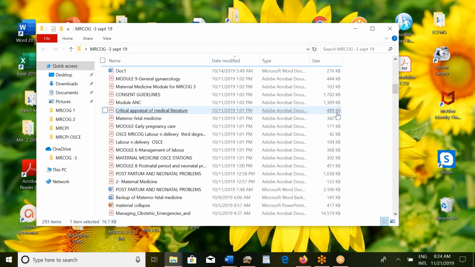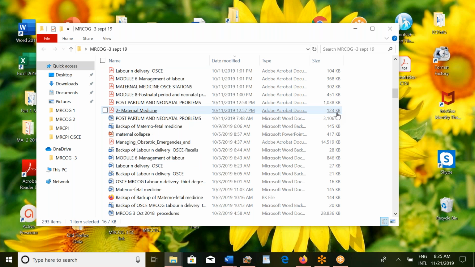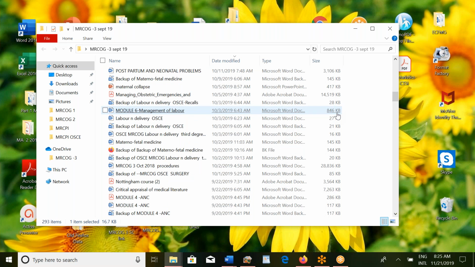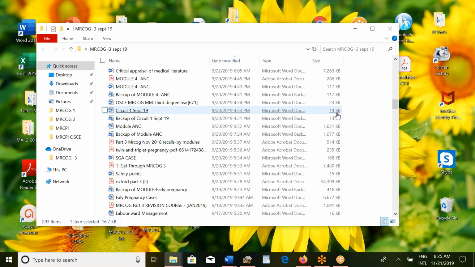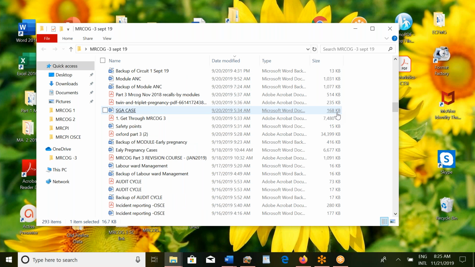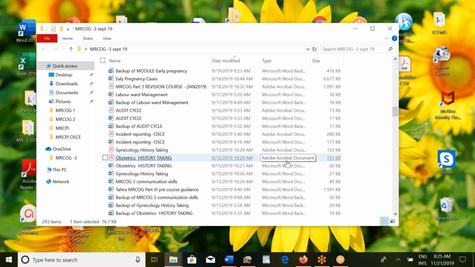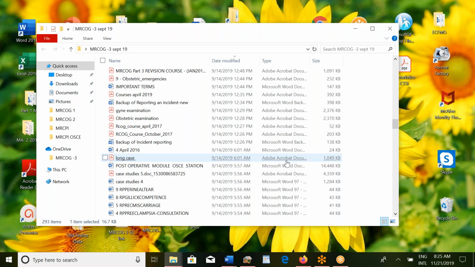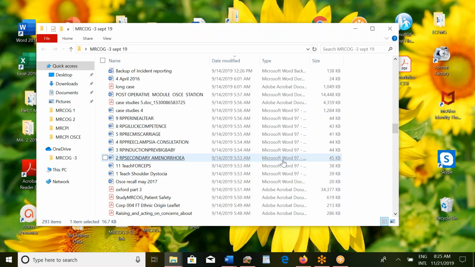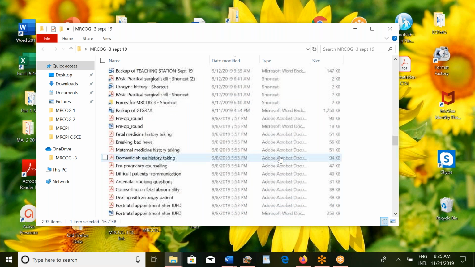Empiric treatment and emergency contraception should be given. Then HIV post-exposure prophylaxis, for hepatitis B and HIV infection. That's all you need to tell them. Then they can ask you who is going to report to the police.